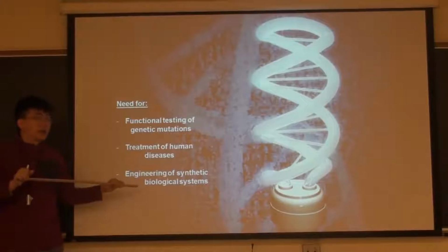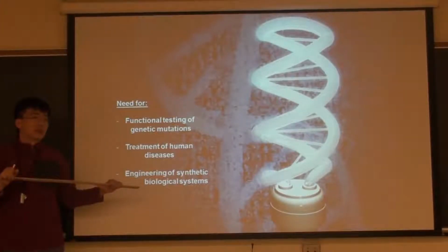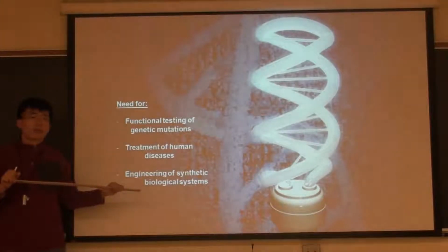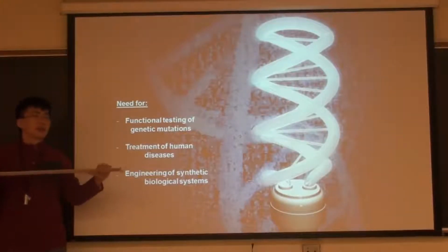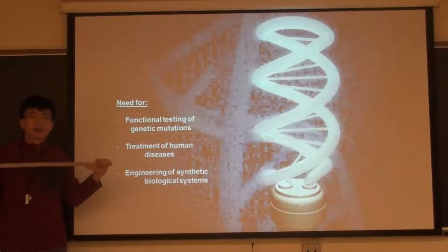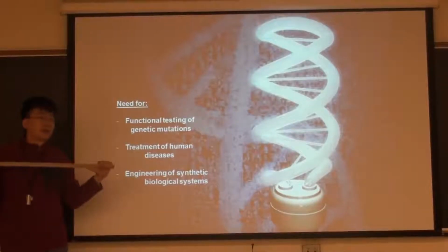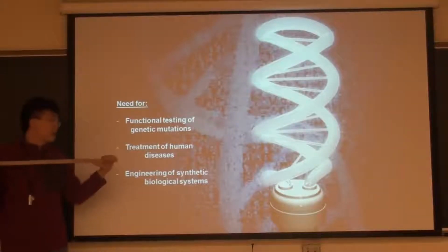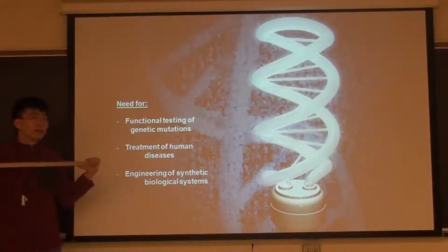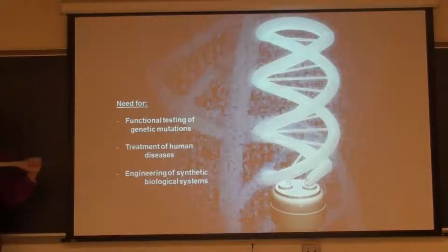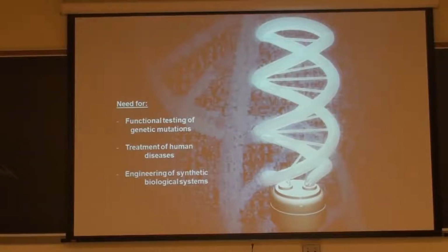You can also engineer yeast so that they can process farm waste, like corn stalks and so on, into ethanol for bioenergy production. So there are many reasons why genome engineering can be powerful and useful. And there's really a revolution going on in the last few years. That's why I want to talk about this.